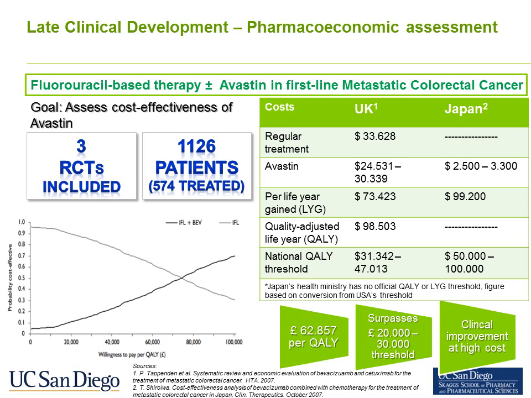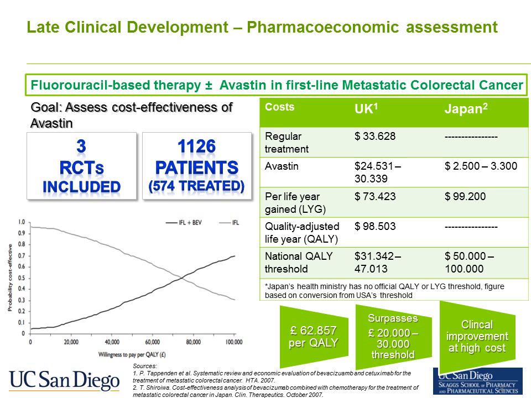Regular treatment in UK, converted to American dollars, was 33,628. So this is without the use of bevacizumab. If you wanted to include bevacizumab in this treatment, this would cost you an additional 24,000 to 30,000, ranging from the different cost measurements that were used.